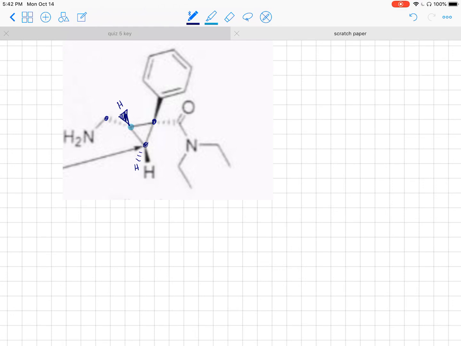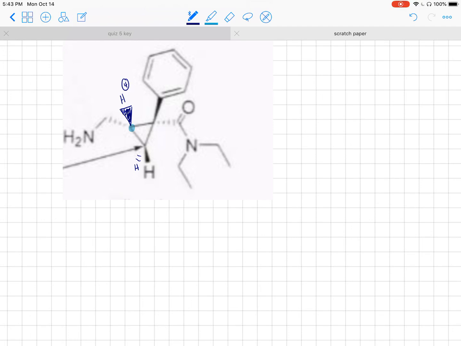And so it is bonded to 4 different things. So now we have to assign the numbers for each of these things that are around this carbon. So obviously the hydrogen is going to have the lowest priority. So that is going to be number 4. This hydrogen right here is number 4.